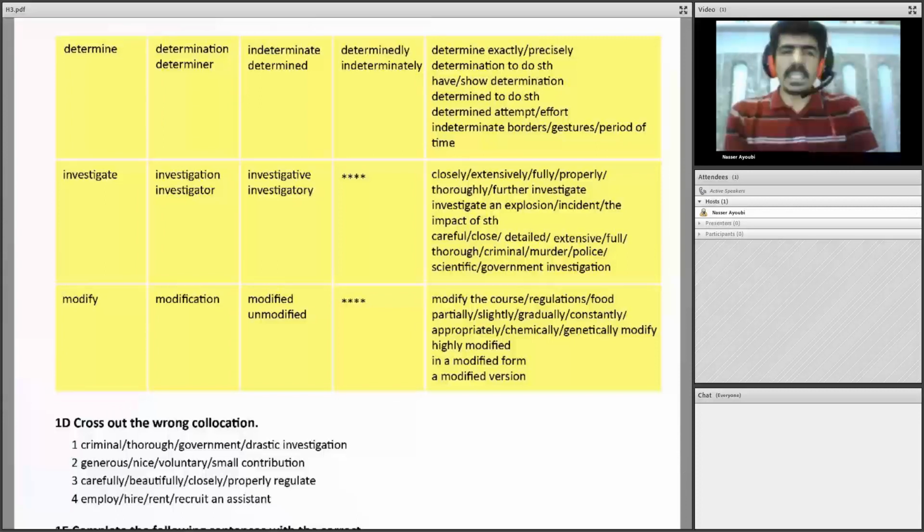Another one, detailed investigation. We need a detailed investigation to determine exactly why these cancers are occurring.